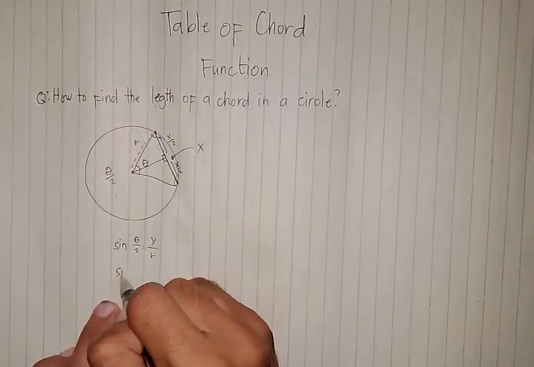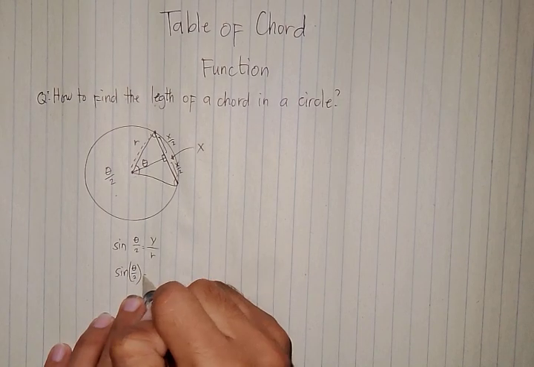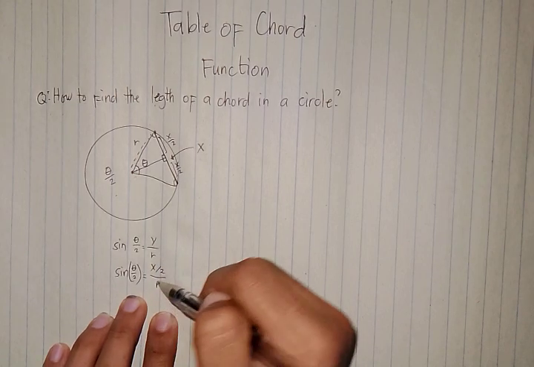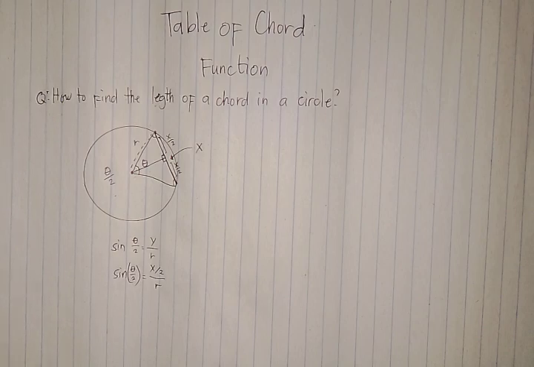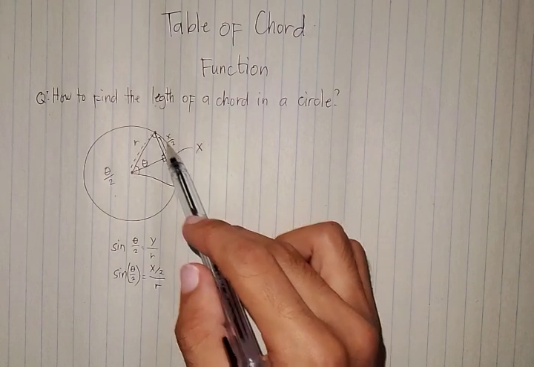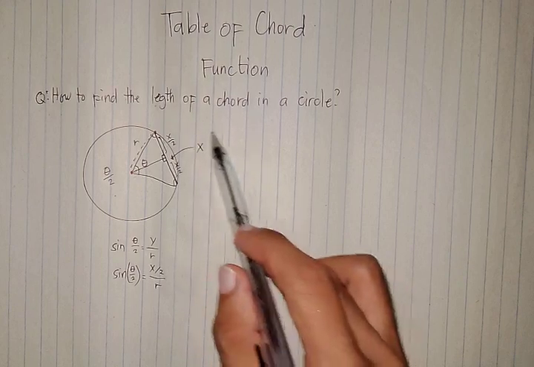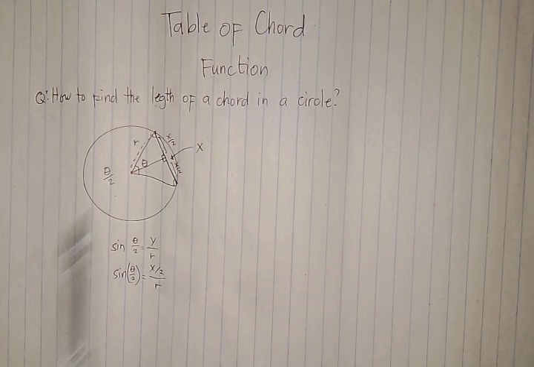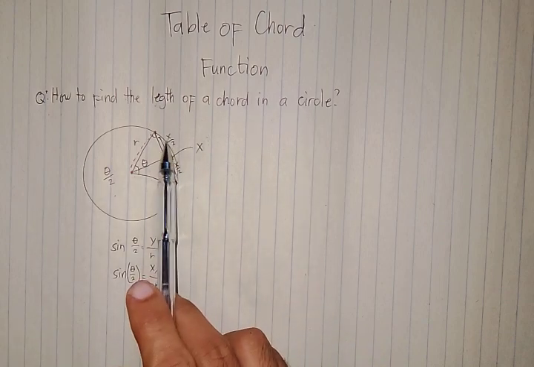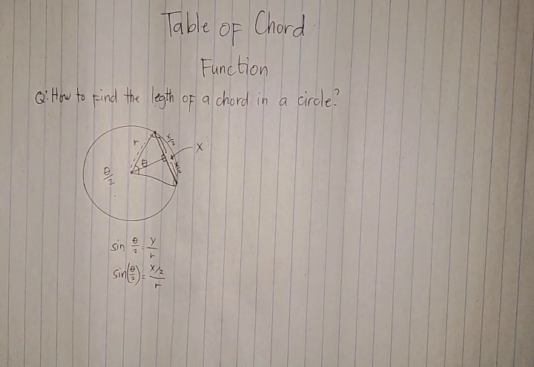Sine theta over 2 is equal to x over 2 over r, right? So what we need to find is this. We need to find this and multiply it by 2 in order to know the value of our x, because double of this value is equal to x, the length of the chord.